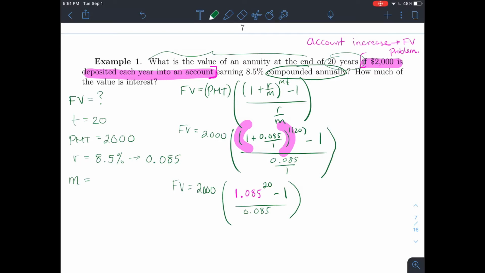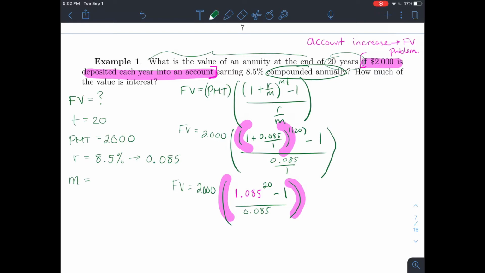Okay, now that we got rid of our second set of parentheses, we're going to be zooming in on the first set of parentheses. And now we're going to simplify the numerator and denominator. The denominator is already simplified for us, so we just got to simplify that numerator. So we're going to go ahead and type in our calculator 1.085 raised to the 20, hit enter, and then just subtract that 1, minus 1, enter.